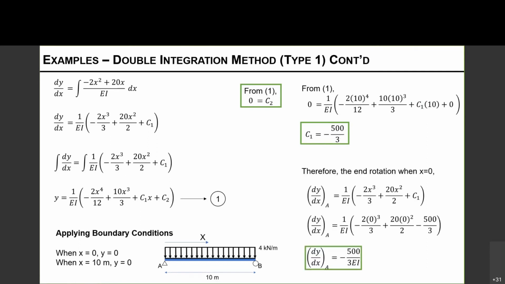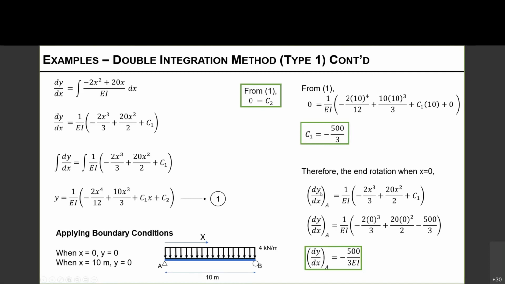So the question was asking, what is the rotation or the end rotation at A of the beam, right? So this is the equation that we have obtained for the rotation. Remember, this dy over dx is the rotation.